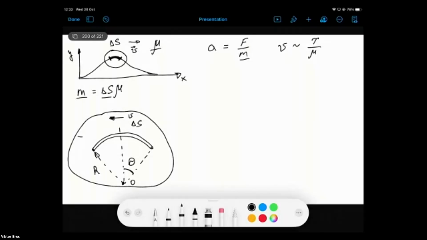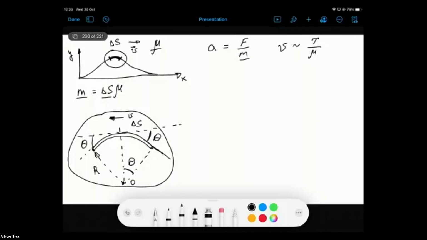Now, if we have another horizontal line, then to the tangent of this curvature, the angle from the horizontal to the tangent will also be equal to theta. And the same from this side.